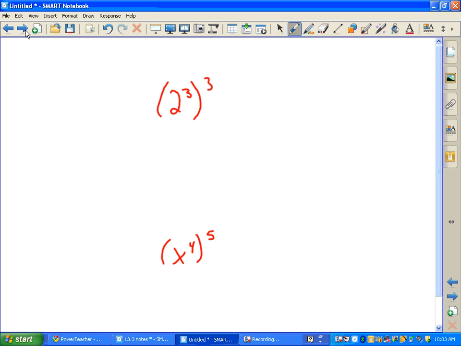One of the other exponent rules we have is that if you have an exponent inside parentheses and an exponent outside of the parentheses, they get multiplied together. So 2 to the 3rd and then to the 3rd power again is 2 to the 9th power because I multiply the 3 times 3.